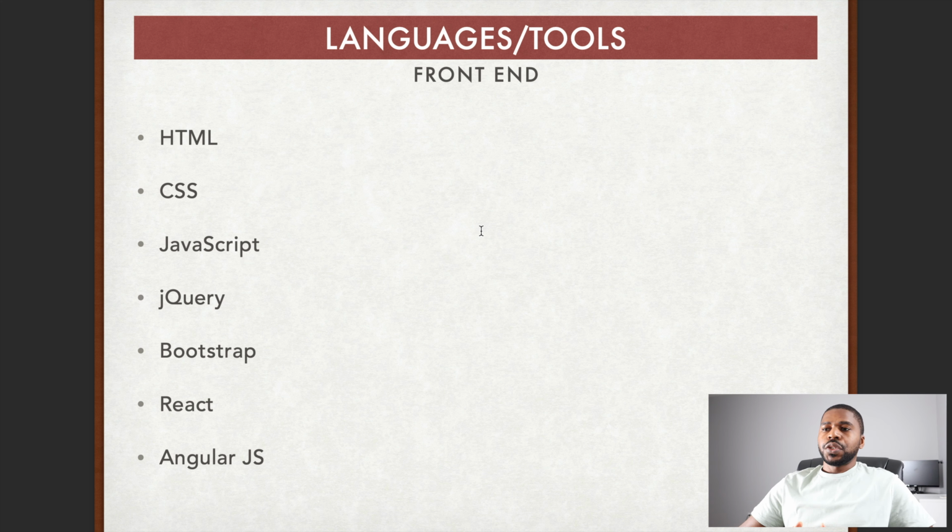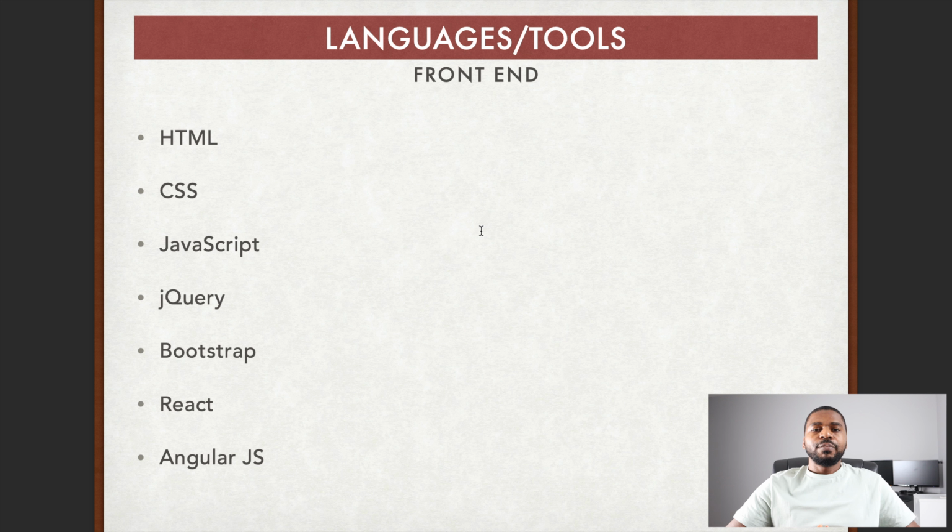Programming languages and tools. Let's start with front-end development. Front-end is the part of software that users can see and interact with. If you remember, in the previous video, I said that you don't necessarily need to know algorithms to get into software.